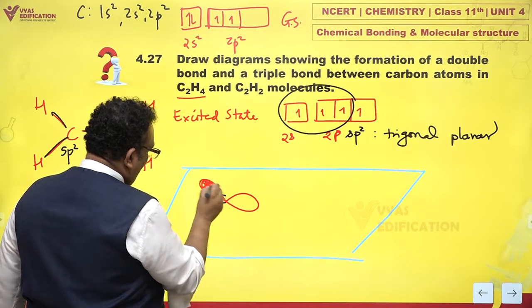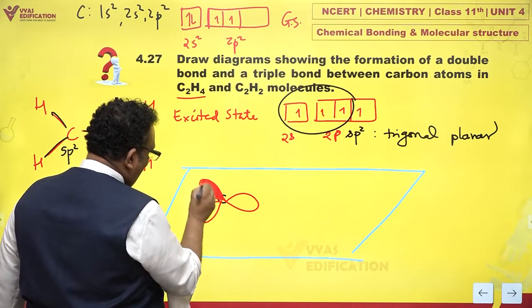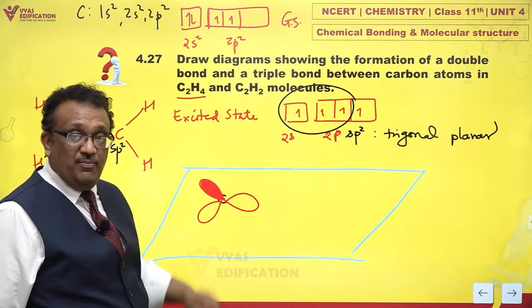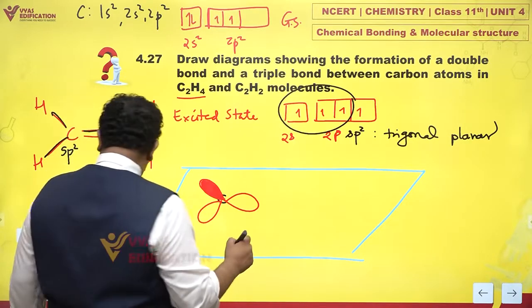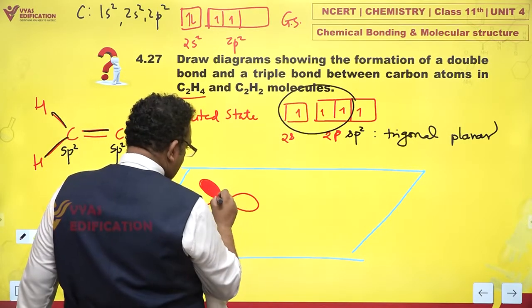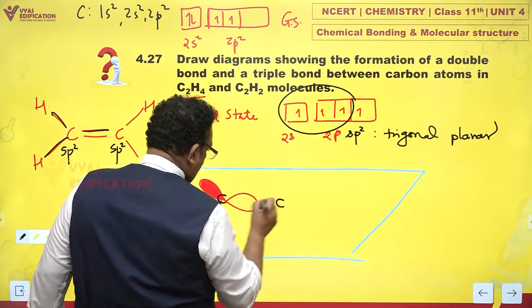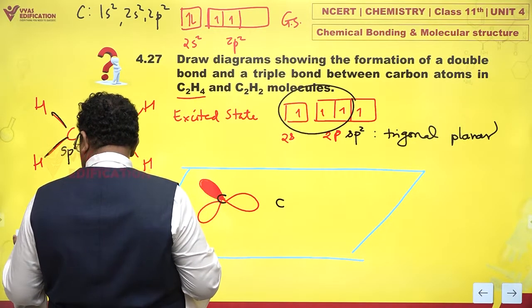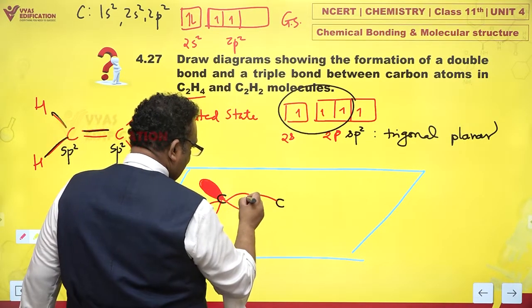I'm coloring it to avoid dirt. This is sp2 hybrid carbon atom. I have another carbon atom which is also sp2 hybrid, that also would love to form.